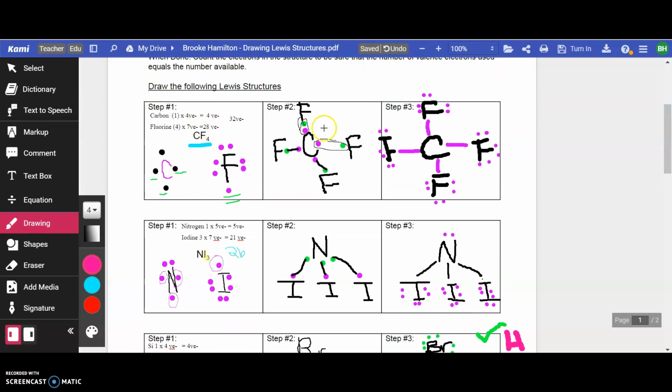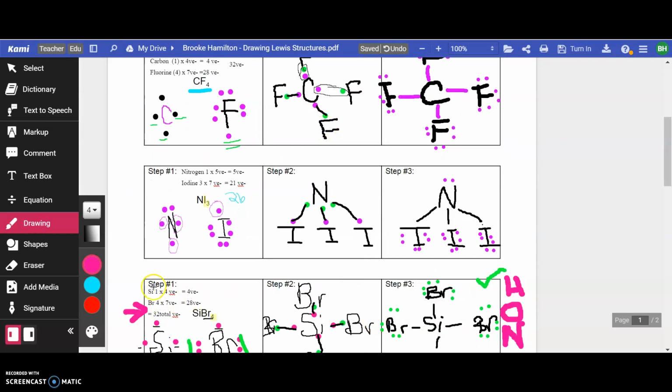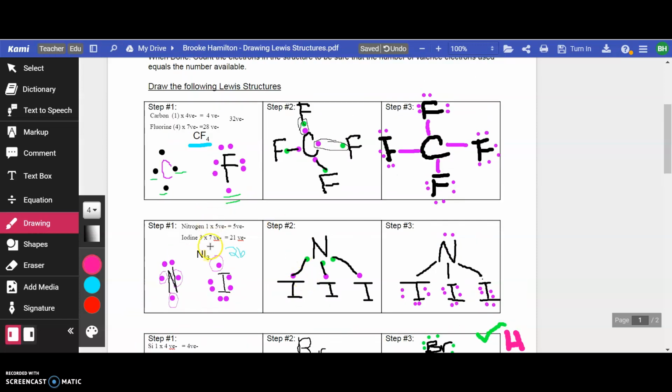Our CF4 will look identical to the SiBr4. And for the NI3, the nitrogen and iodine, we will have 3 single bonds from the nitrogen from the HONC rule. So H, O, N, and C. The iodines will have 1 bond as halogens.